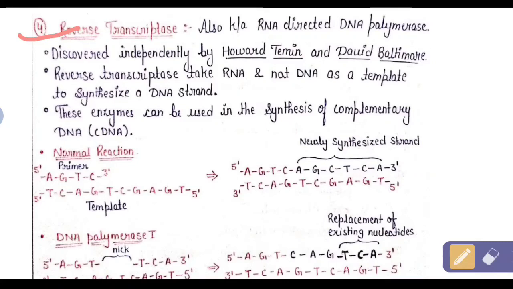So that is why it is known as RNA directed DNA polymerase, and it was discovered independently by two scientists, Howard Temin and David Baltimore, and for that they won the Nobel Prize. These enzymes can be used in the synthesis of complementary DNA libraries, or cDNA libraries.